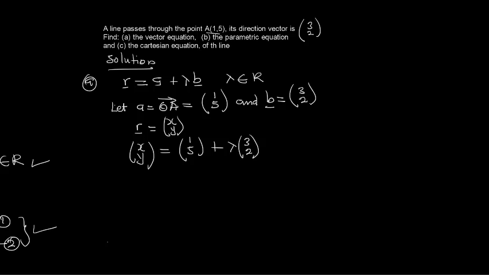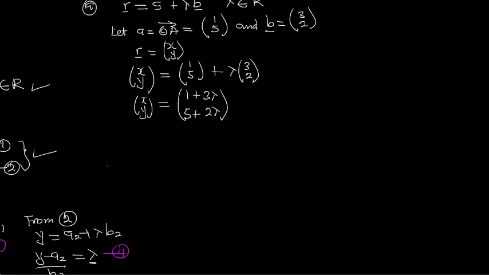We can as well write it in this form: (x, y) is equal to (1 plus 3 lambda, 5 plus 2 lambda). This is also acceptable. B, the B part of the question, we are to write the parametric form of the equation of a line.